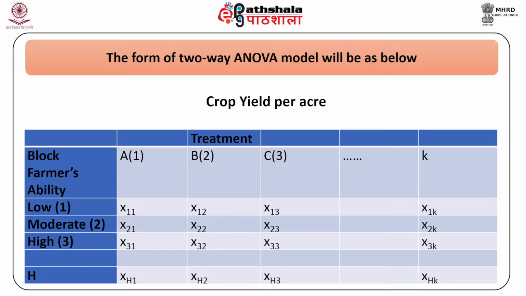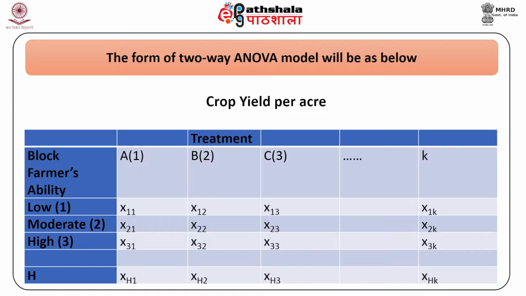We have crop yield per acre. On one side we have the treatment and on the other side we have the block. So in blocks we have the farmer's ability, low, which can be denoted as 1, moderate 2, high 3, which is in terms of rows, and we have the sum total, which is H.